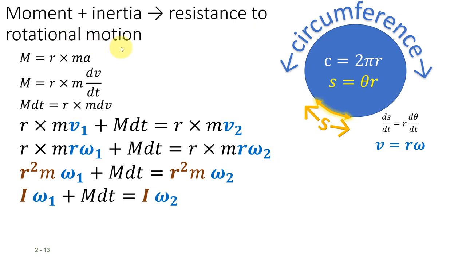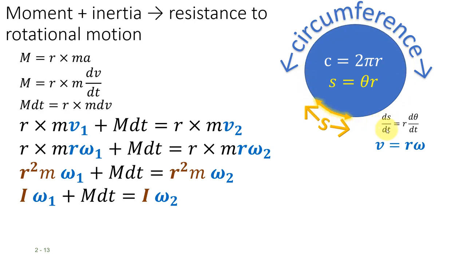Resistance to rotational motion. Okay, so moment equals r cross F, r cross ma. a is dv/dt. We bring the dt over. We're looking at velocities, and we're looking at rotational velocities. So in this case, velocity, instead of being dx/dt or dy/dt, the distance versus time that is creating that velocity, the distance is going around in some kind of circular motion.